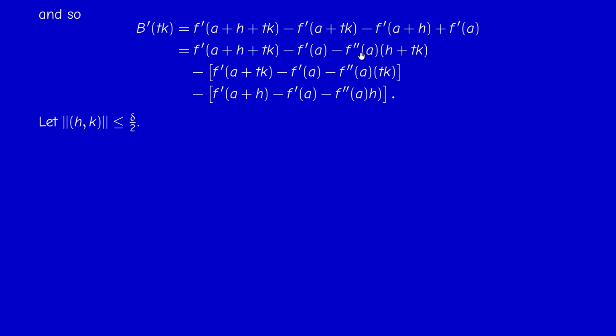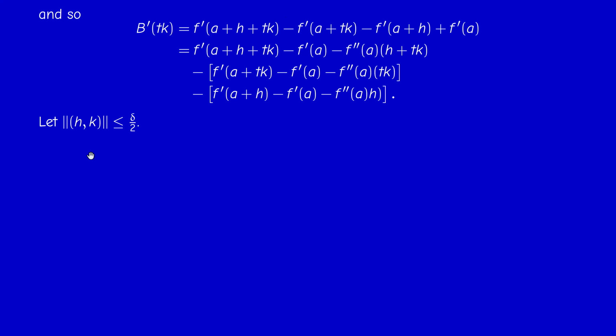And now I use the linearity of the second order derivative. So f double prime of a at h plus tk is precisely f double prime of a in the direction h plus f double prime of a in the direction tk. So these three terms cancel actually. Why did I do that? In order to use the differentiability condition of f prime at a.